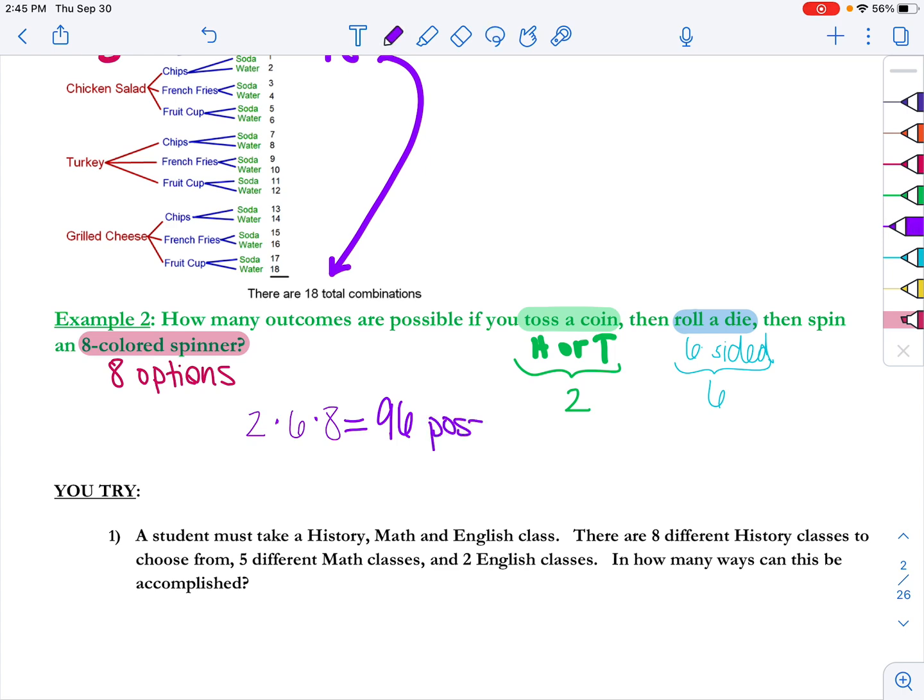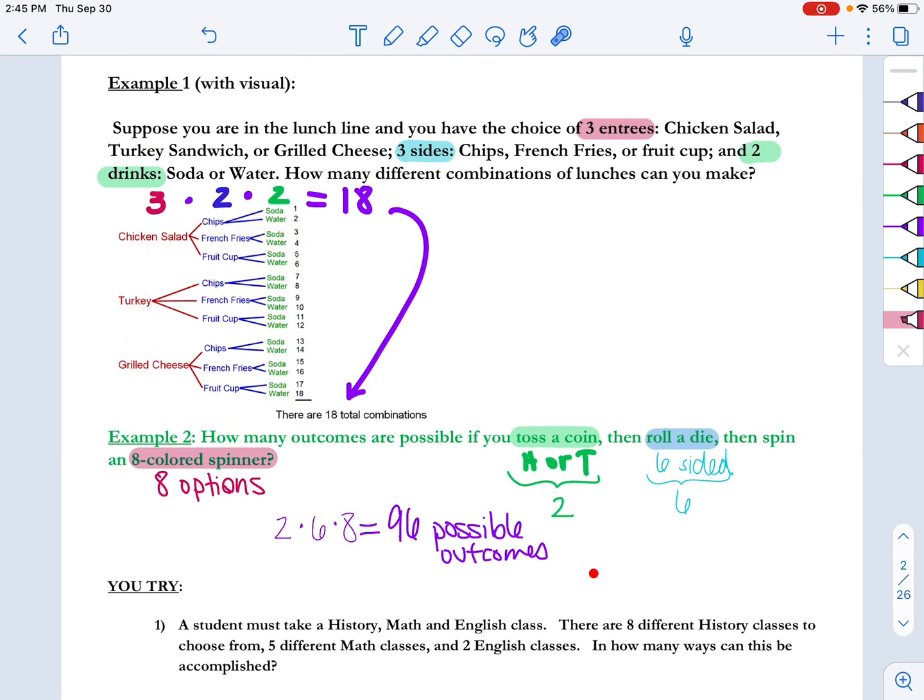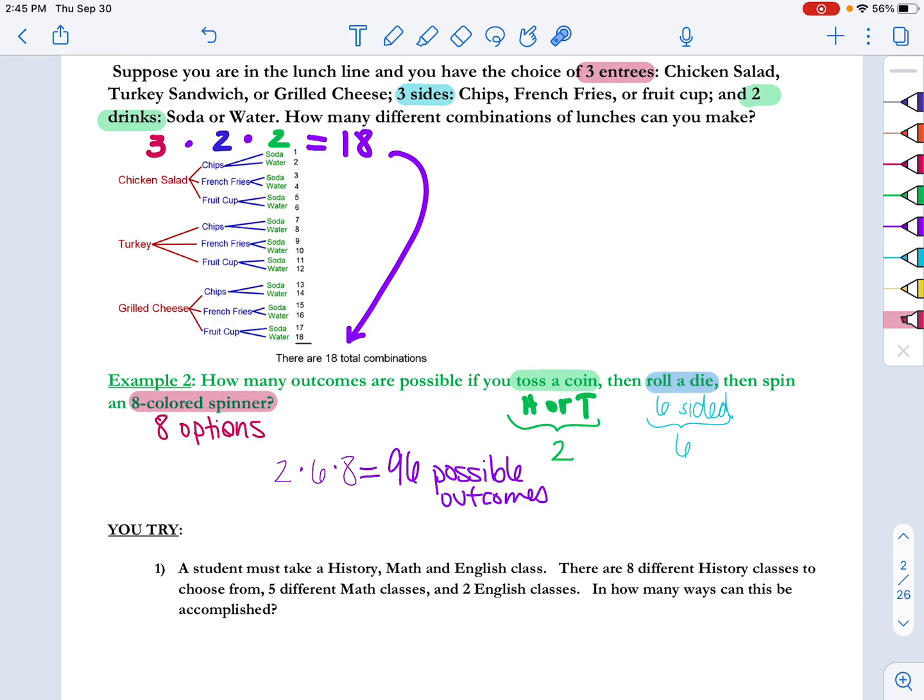We have 96 possible outcomes. Now, thank goodness for this basic counting principle, because again, could you imagine making the tree diagram with 2 options, 6 options, and then 8 options? Our tree diagram would be huge and kind of a pain to draw out. So this basic counting principle is really, really nice, okay?